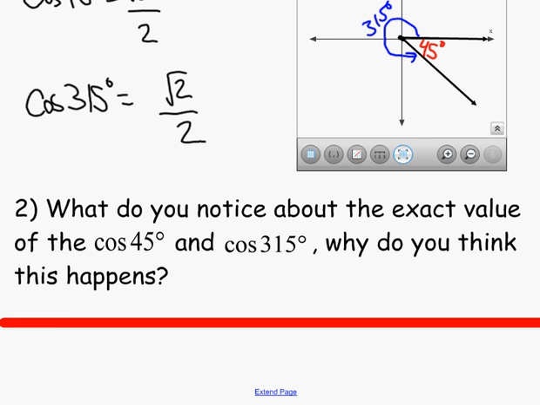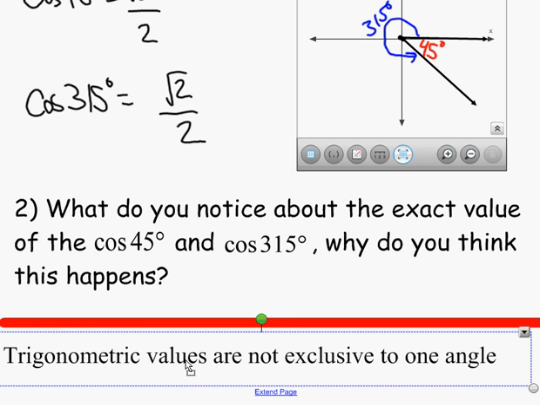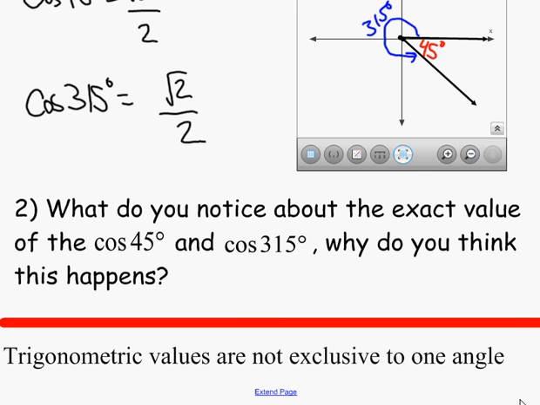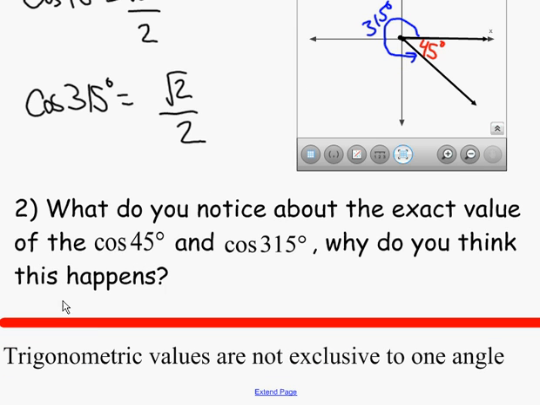So what's the point of this activity? The point of this activity is to get you to see that trigonometric values are not exclusive to one angle. What do I mean by that? Here's what I mean. 45 degrees is not the only angle with a cosine of radical 2 over 2. 315 also has a cosine of radical 2 over 2. That's what I mean when I say trigonometric values are not exclusive to one angle. In fact, there are other angles.